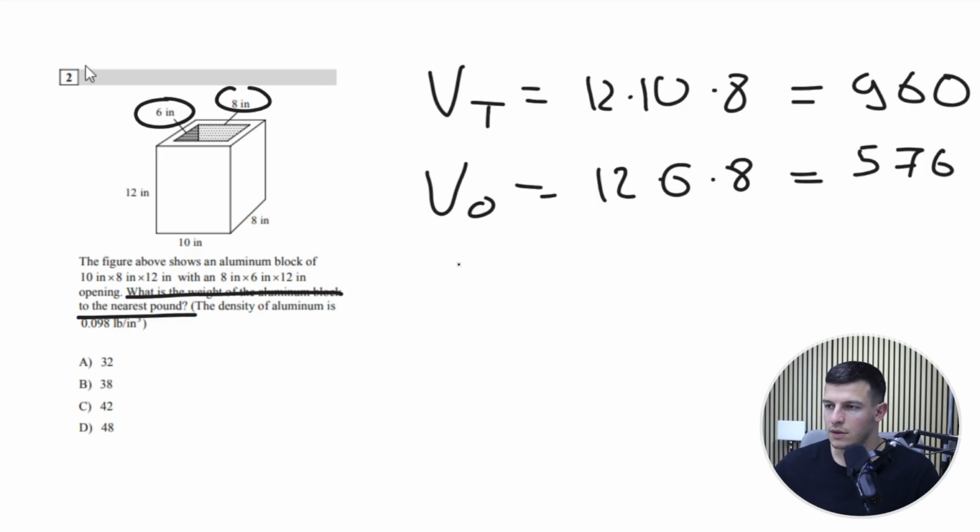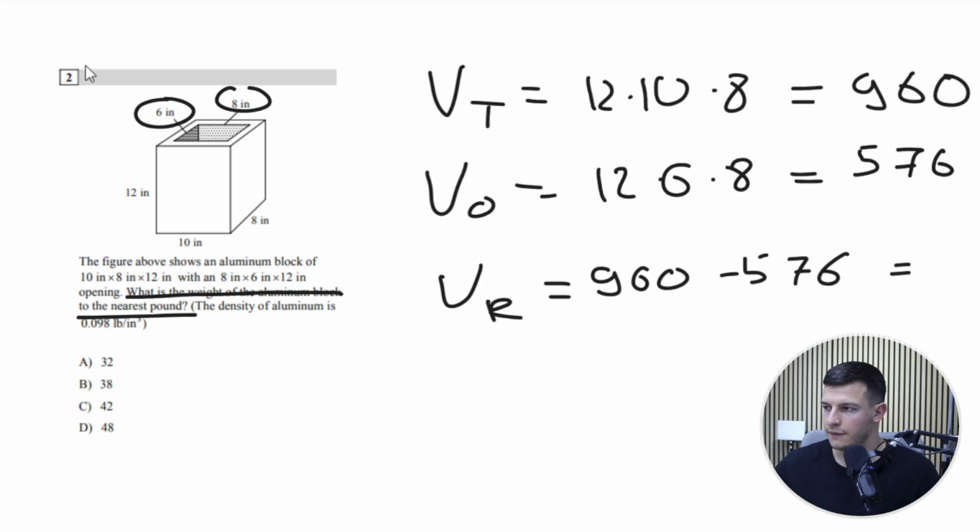Okay, so the density of the aluminum is this much. So the V remaining is going to be 960 minus 576, and that's going to be 384. But that's volume.